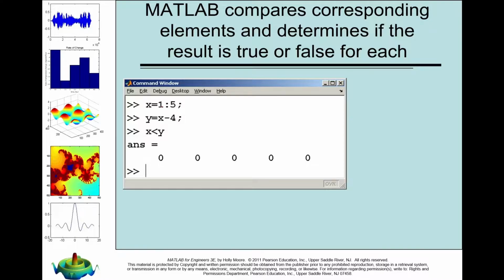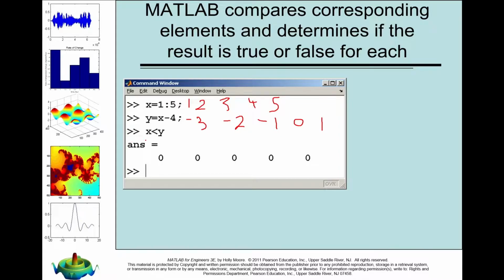So each value of x will be minus 4. So 1 minus 4 is negative 3. 2 minus 4 is negative 2. 3 minus 4 is negative 1. 4 minus 4 is 0. And 5 minus 4 is 1.